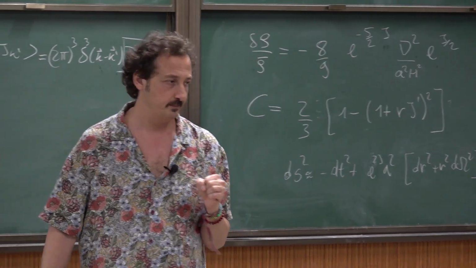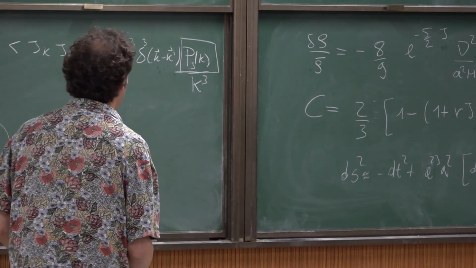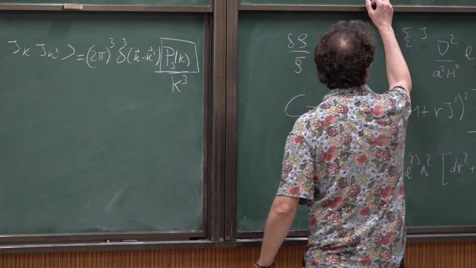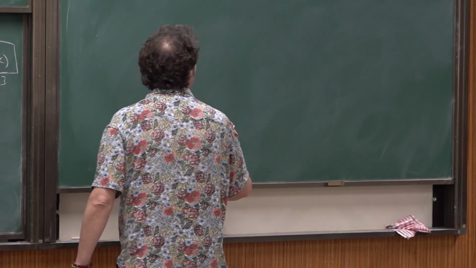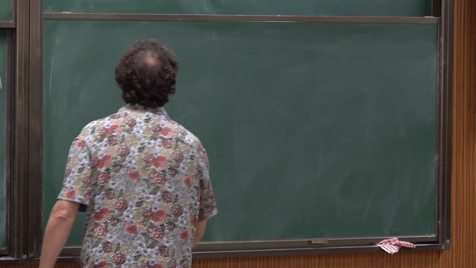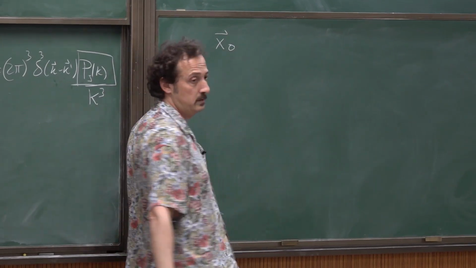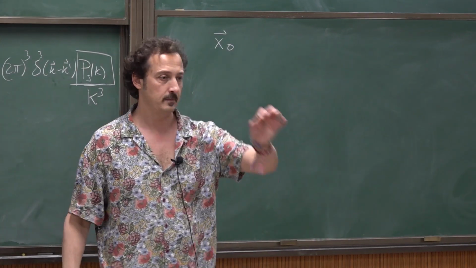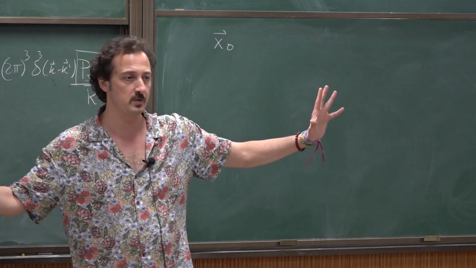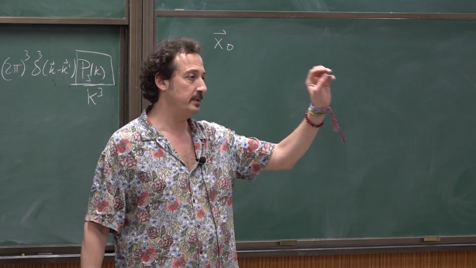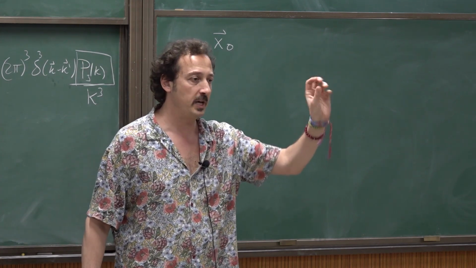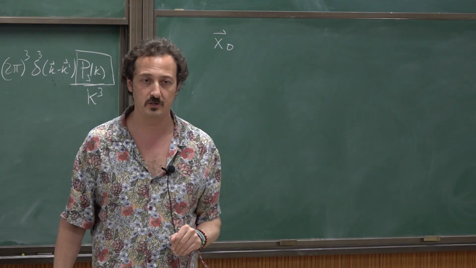Is that clear? This is what we'll need later on. The idea is that we have a large perturbation at a point x con 0, which I pick in space. The space is homogeneous and isotropic, and there will be some point, x con 0, in which I have a very large perturbation.